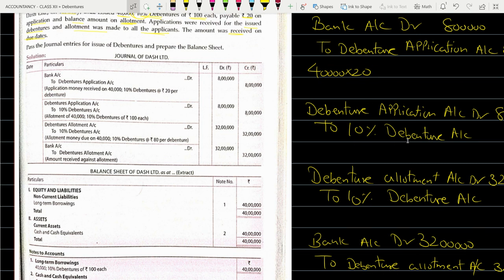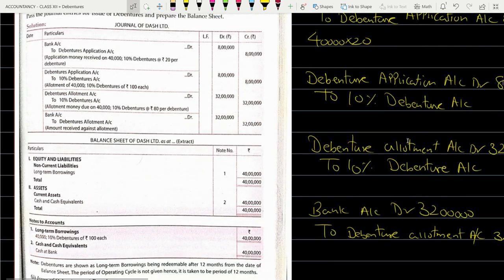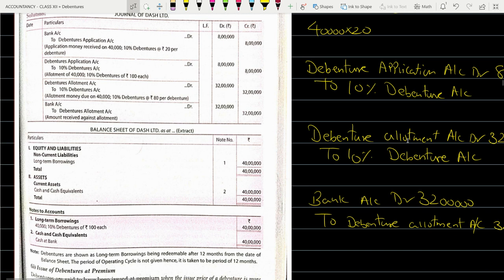Then I have to make sure of the hierarchy that you have to follow, and what item should come first, followed by the next item and the next item. It is a chronological order which we need to follow when preparing the balance sheet and notes to account. So for the issue of debentures, we have completed the journal, but with respect to the balance sheet, I'm holding it for some time. Is it clear to you?